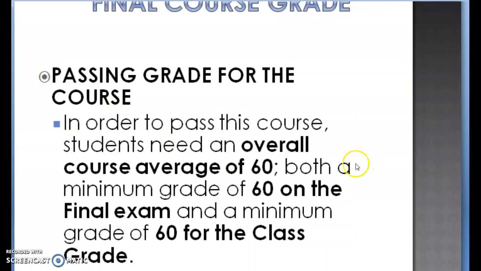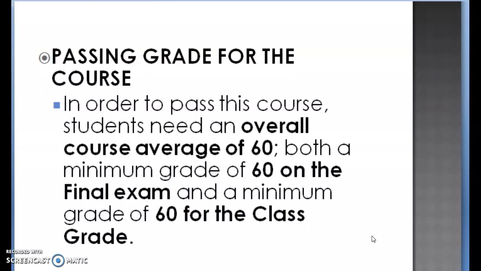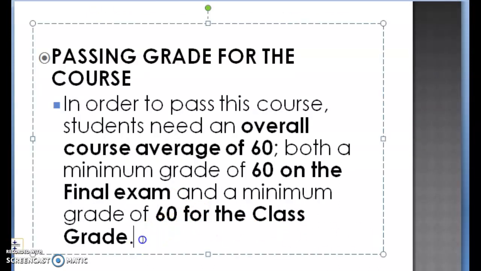In order to pass this course, it doesn't matter which level, you need an overall course average of 60 on the final exam or the final assessments, and you need a minimum grade of 60 for the class grade. So let me remind you about this. If you don't do tasks in the class grade, the zeros are averaged in and your class grade average drops.